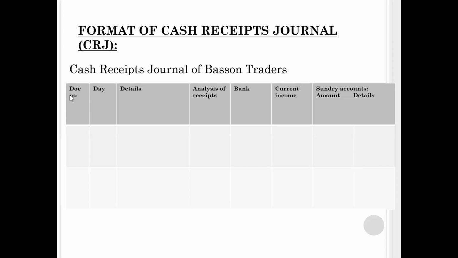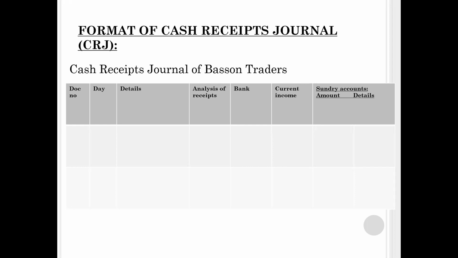So for instance, your first column is your document number column. In that, you're going to write either receipt or cash register roll with the number of the document. After that, you have a day column. It's the day on which the transaction happened. Then you've got details. With details, you're looking out for a name of a person, and if there's not a name of a person, then you're going to write the words services rendered.